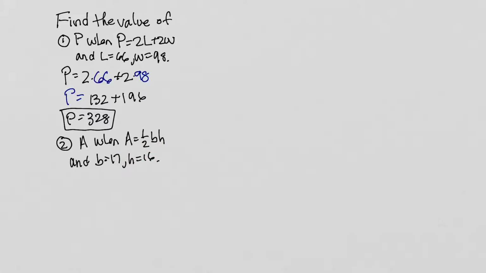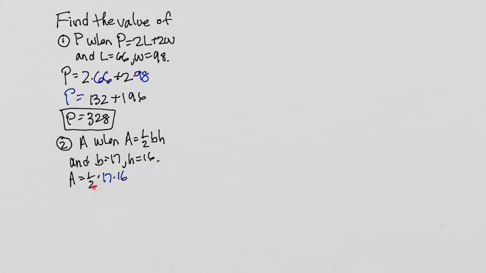And doing so will give us A equals 1/2 times the base. Now we're given the base as 17 and the height is 16. Now what we have is a multiplication and a multiplication. It doesn't matter which one we do first. I'm going to take care of this one first here, 17 times 16.